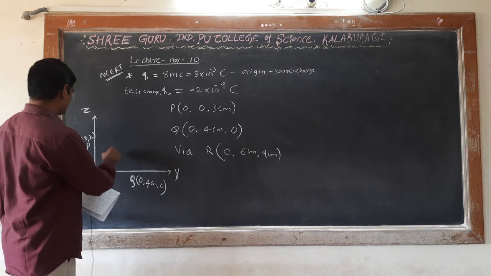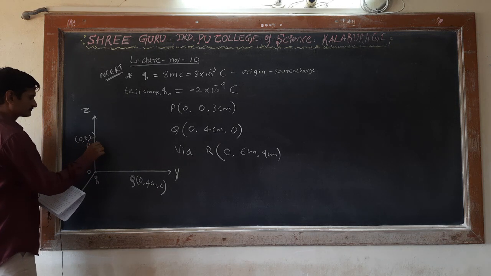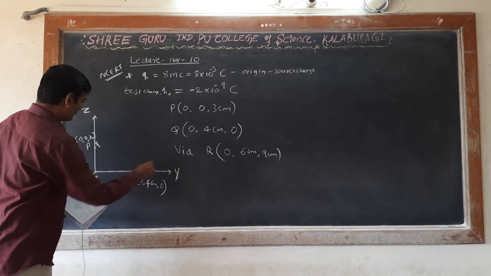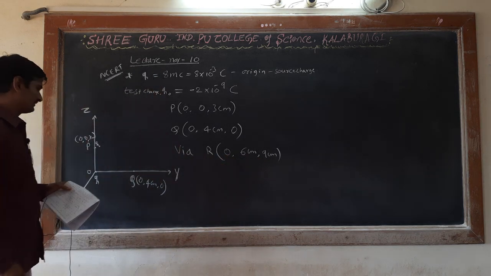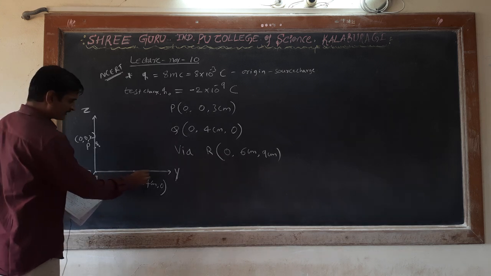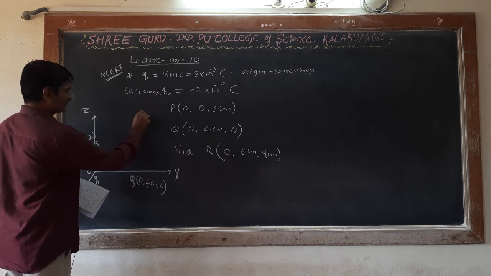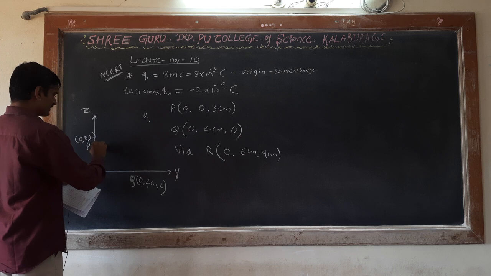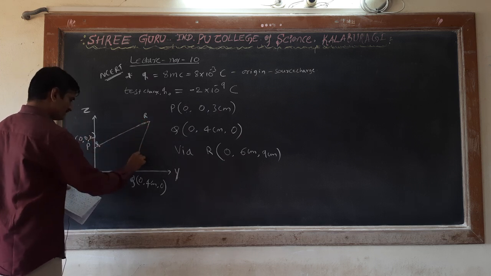So now a charge Q0 has to be moved from P to Q via R, which is at 0, 6 centimeter, 9 centimeter: 6 on y axis and 9 on z axis, somewhere here. So a charge has to be moved from here and then from here.